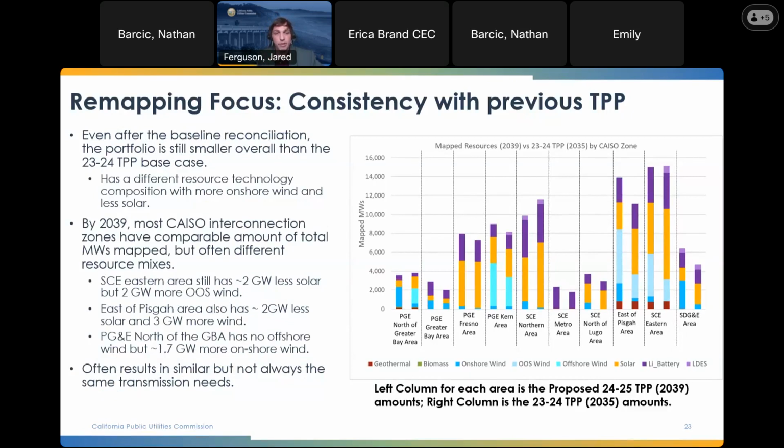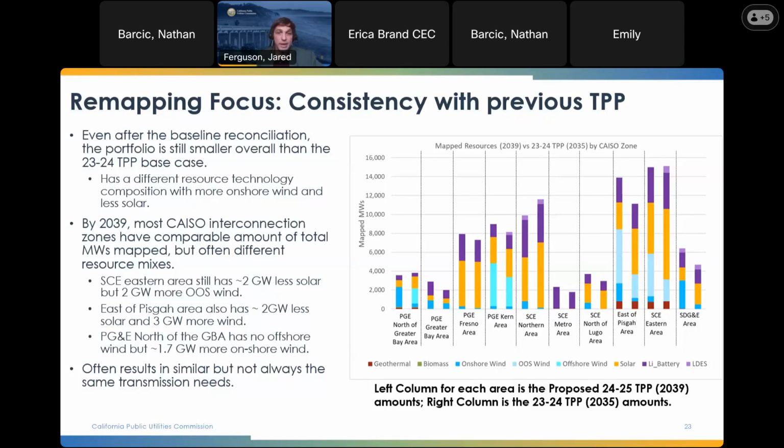You can see in the 2039 portfolio, the overall differences have evened out a bit. In most locations, you have a comparable or even more resources mapped, since it is looking 15 years out. You do still have differences in resource type.